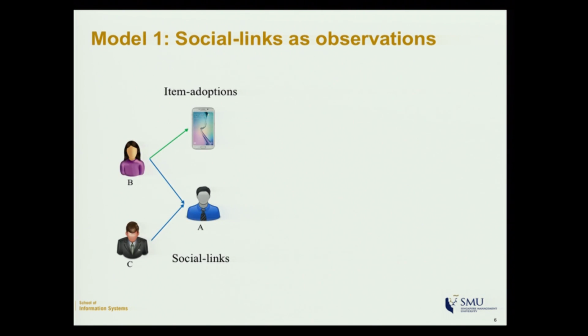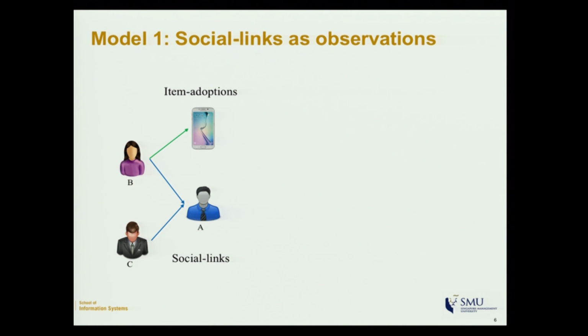Let's pick an example for the first model. Say we have B and C, who share a connection with user A in the social network, and B has her own items.